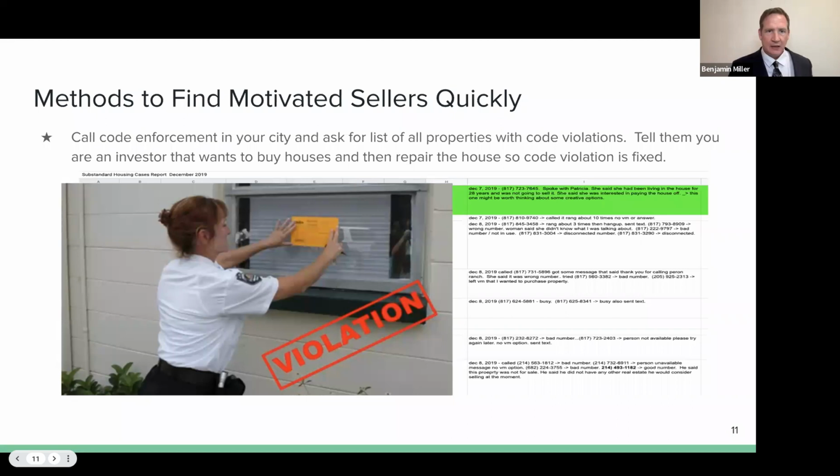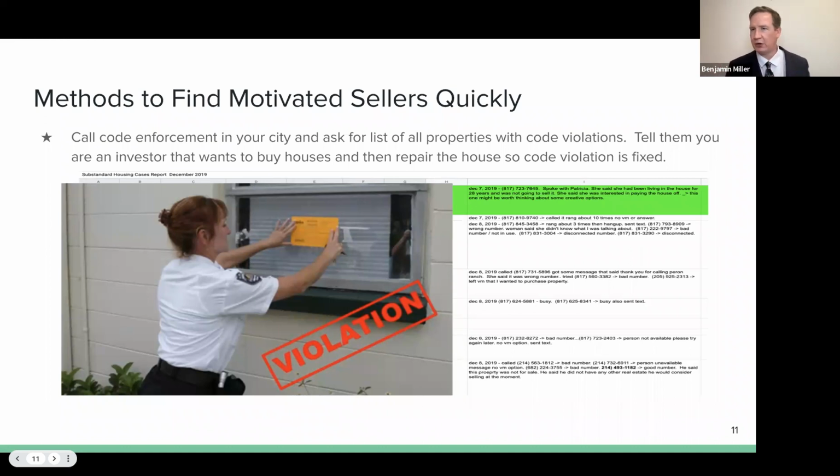Of course, another tactic that you can do is you can look for what are called code violations. Every city, every government likes to give out violations. When someone has something wrong that they don't like, they will issue a violation. Maybe they will say the property's in bad condition. Here's a violation.